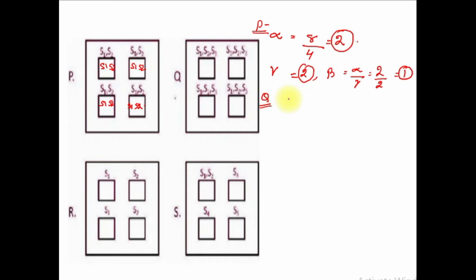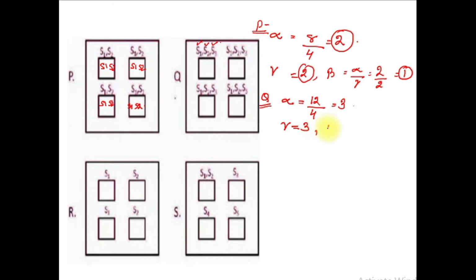In the same way we will calculate for Q. In case of Q, there are 12 species present, so alpha will be 12 divided by 4 habitats, which equals 3. Now gamma, the total variety present: there are 3 types, S1, S2 and S3, so gamma will be 3.